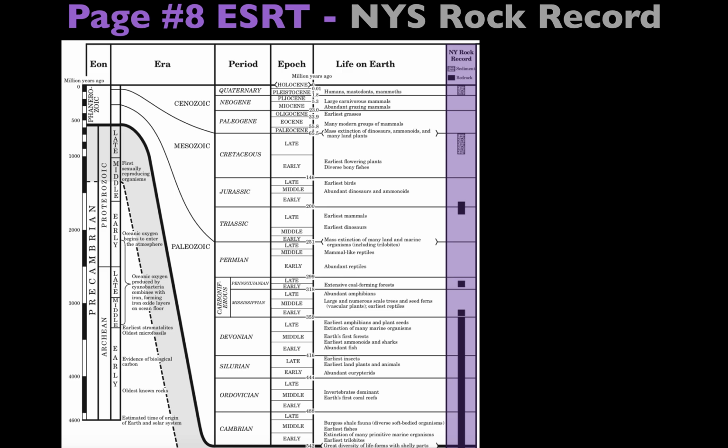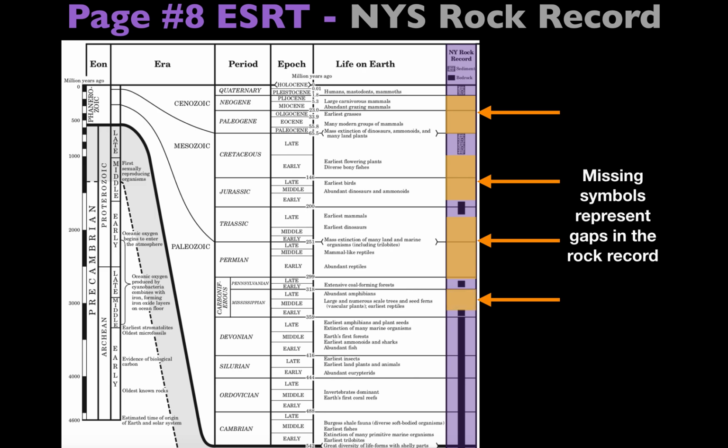But you'll notice that there are gaps where there's no rock record in New York State during certain time periods. So let's point those out. Anywhere here we're highlighting in orange is showing where there are gaps in the rock record. There's no New York State rock that was created during those time periods.